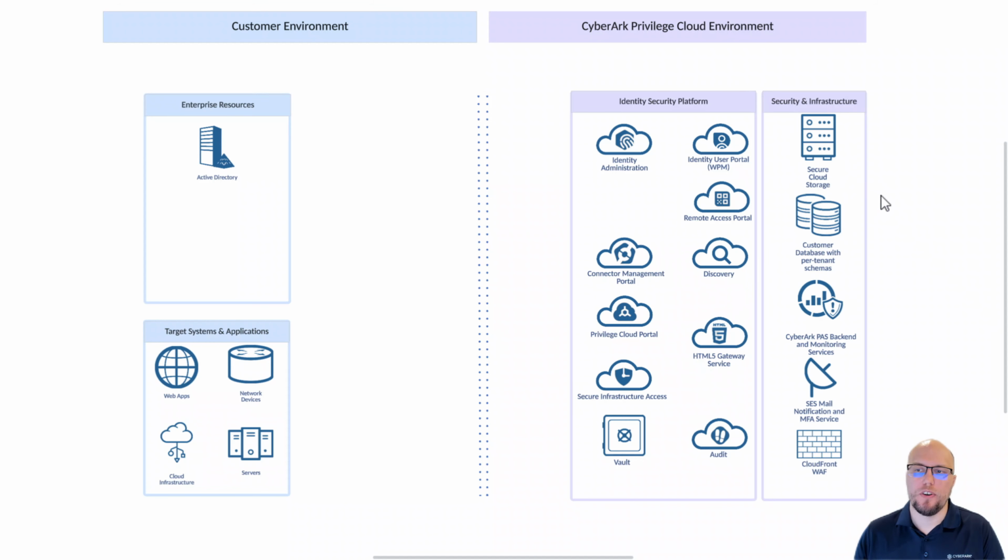And there are a number of security and infrastructure items backed in AWS for the environment. So a customer doesn't need to worry about the storage that is consumed by CyberArk Privilege Cloud. That's all managed by CyberArk. Each customer has their own dedicated vault server and database for their tenant. And of course, all the services that are included in the ISPSS platform is all managed and monitored by CyberArk.